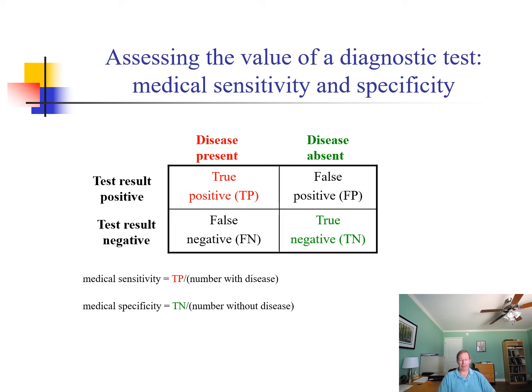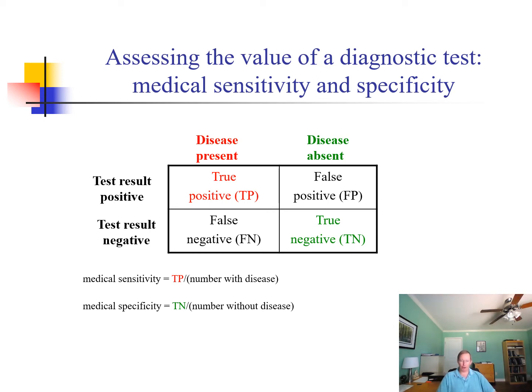I might have a test result that is somewhat ambiguous, and so it's not clear whether it's positive or negative. But for this purpose, I'm going to look at just this bipartite kind of view. The disease is present or absent, the test result is positive or negative.